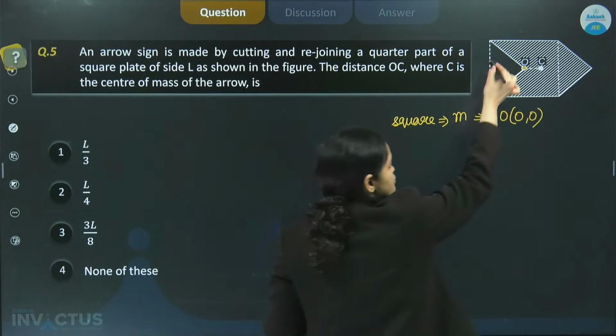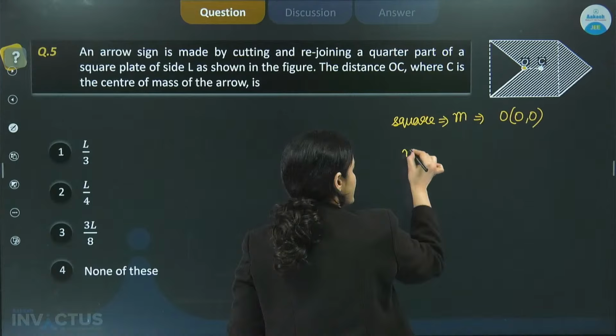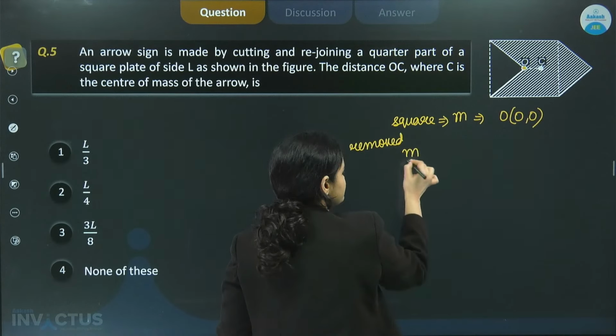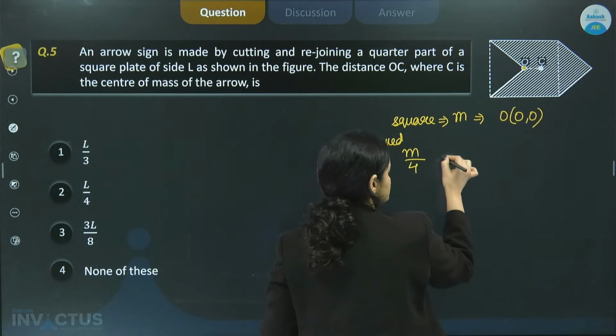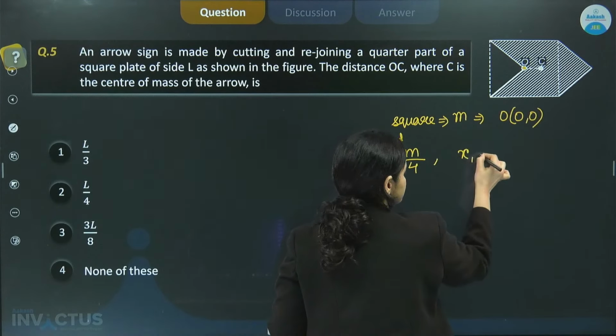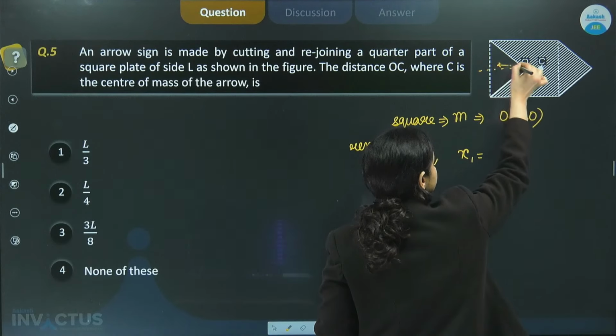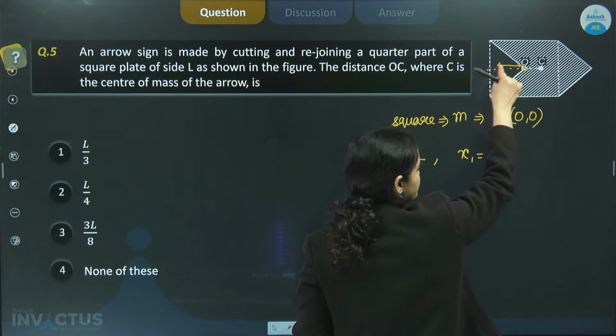The removed part, this triangular part, will have a mass m by 4, and its center of mass x1 along the x-axis will be at 2/3 of the height of this triangular part.